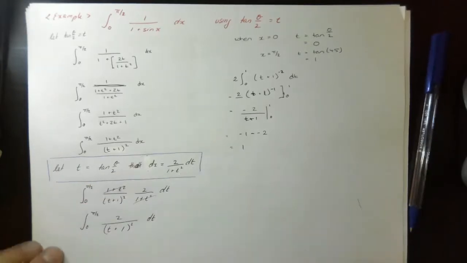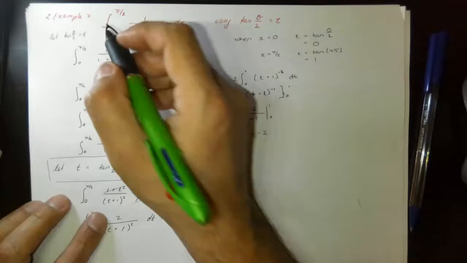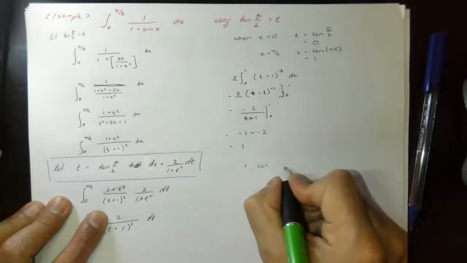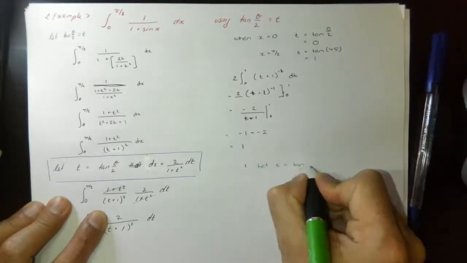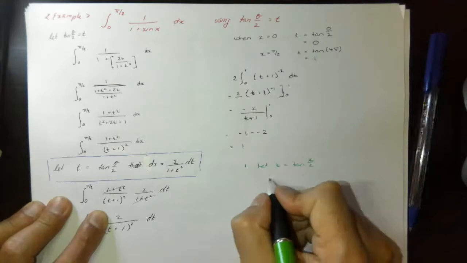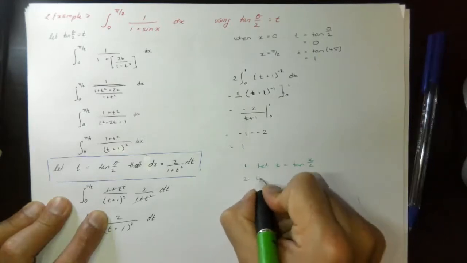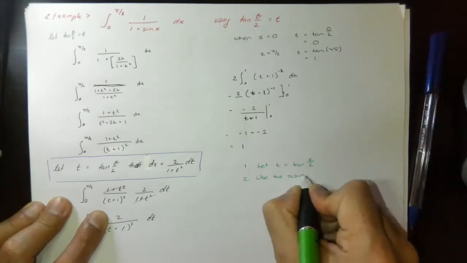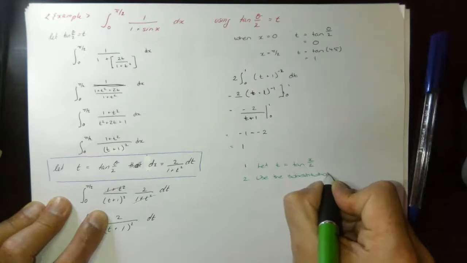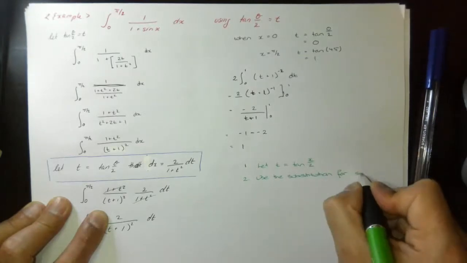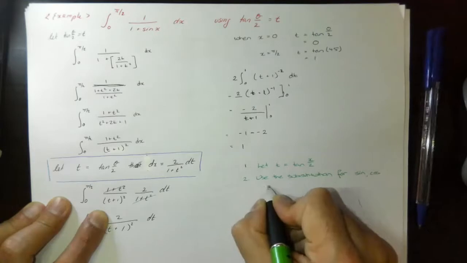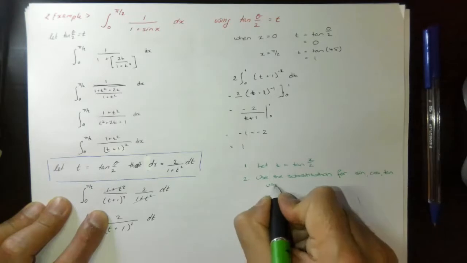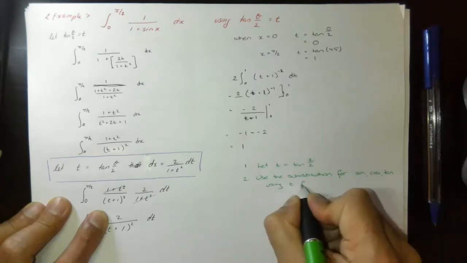Okay, so let's recap how we did this. Obviously we let t equal tan x on 2, or theta on 2, half of it. Use the substitution for sine or cos or tan using the t formula.